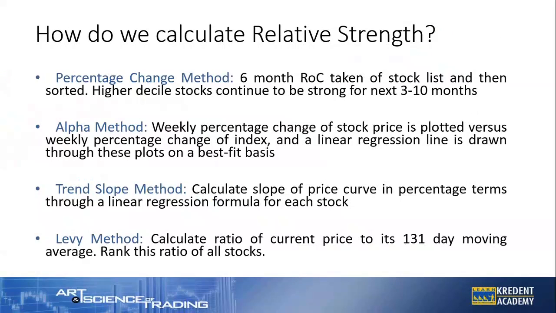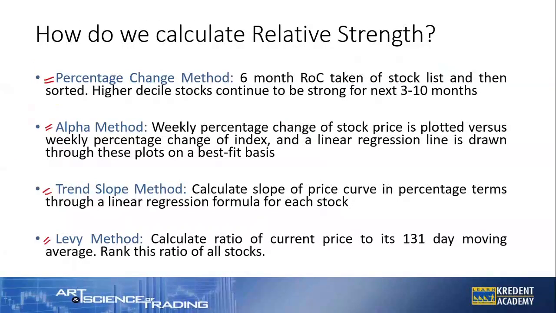It can be a percentage change method. It can be a little mathematical alpha method or a trend slope method, and finally a Levy method. So these are all various ways in which the relative strength can be calculated, and we actually do not know what way the software coders are using to calculate it.